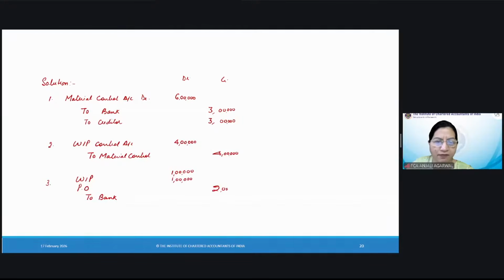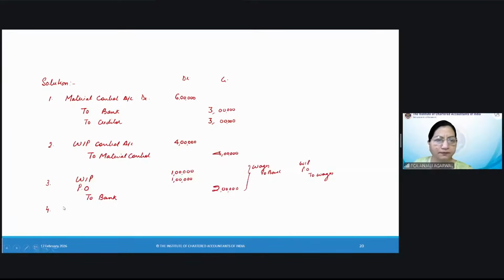So you can bifurcate this into two different entries also by introducing wages to bank and then passing the entry for WIP debit and PO debit to wages control account. Okay, you can do that.